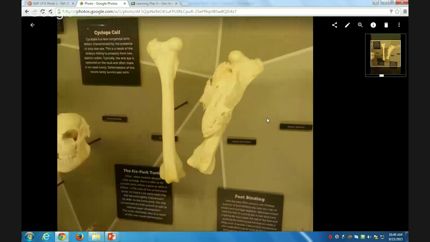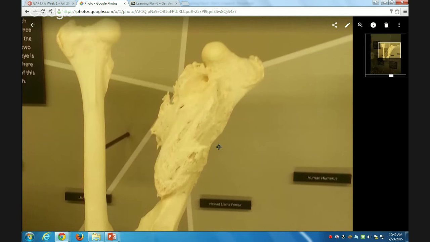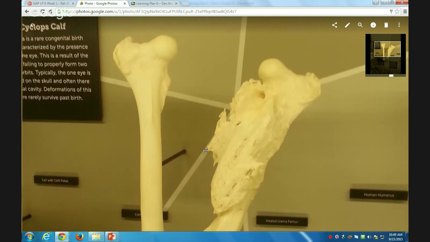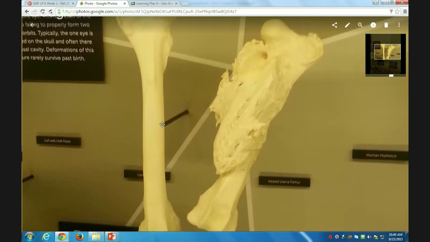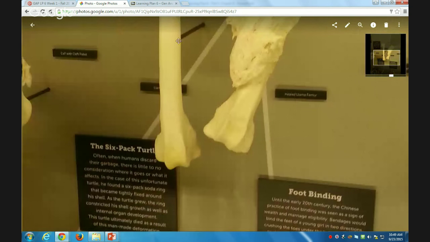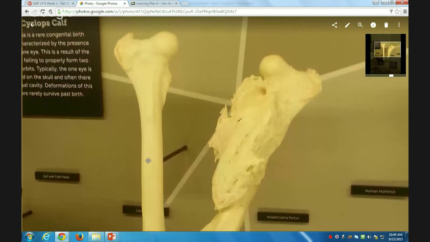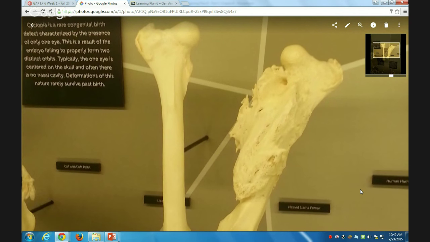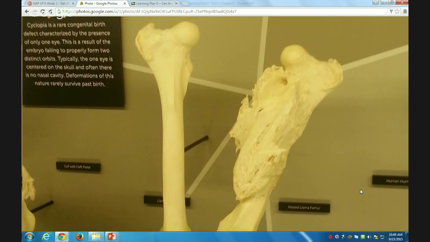Here's something when we think about bone remodeling. This is not the Cyclops calf. I'll show you that anyway. But what they're showing here, I guess I'm not catching the label here, but I can tell what it is. So sometimes you take a nice shot to a part of your body, and what happens is you break blood vessels.